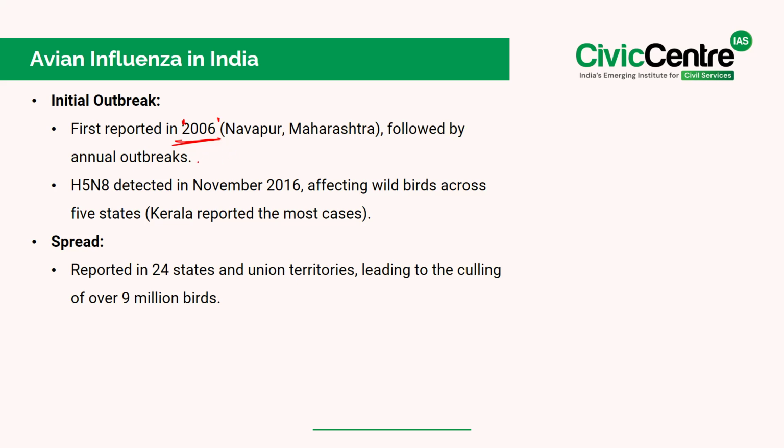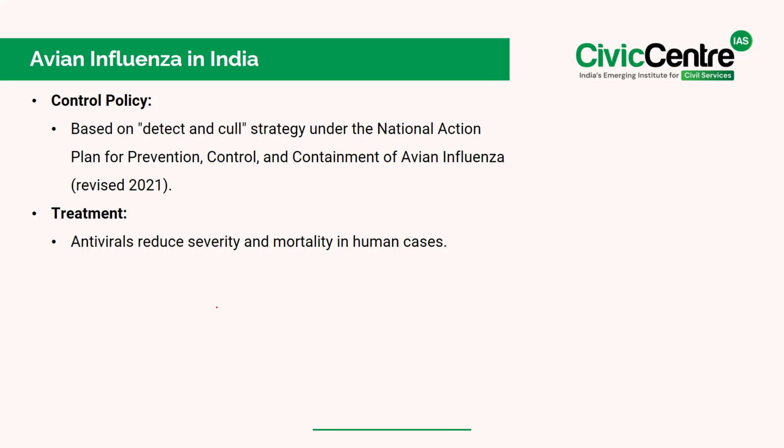And also, in November 2016, the H5N8 strain was detected, affecting wild birds across 5 states, with Kerala reporting the highest number of cases. And over time, the disease has spread across the nation, leading to culling of over 9 million birds as a containment measure. And further, to control the spread of the virus, the government follows a detect and cull strategy under the National Action Plan for Prevention, Control and Containment of Avian Influenza.